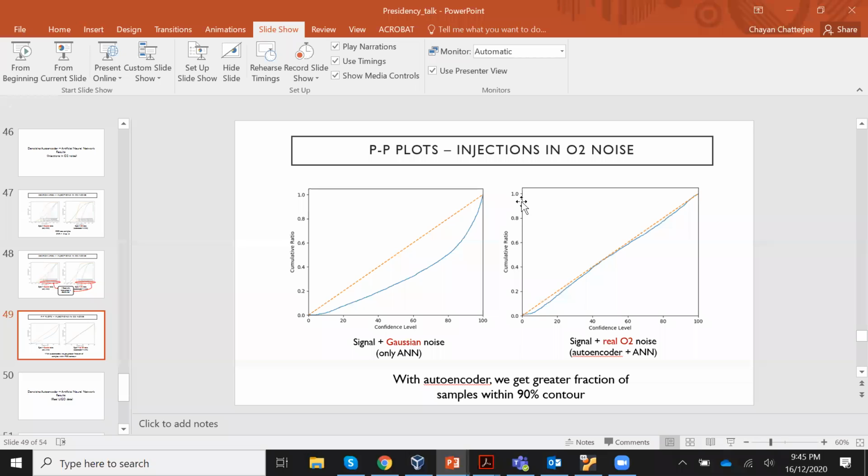And 90% of the time, it should be within the 90% contour, and so on. So it should follow this straight line. You can see that using the combined models, I get a much greater fraction of samples within the 90% contour than if I just have signals injected in Gaussian noise without the autoencoder. So again, it goes to show how helpful the autoencoder really is.